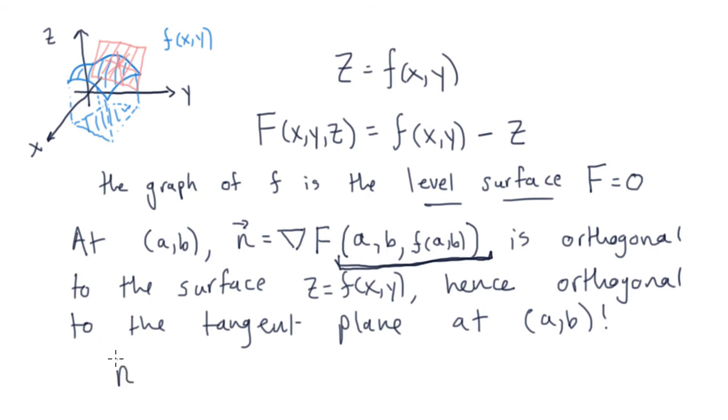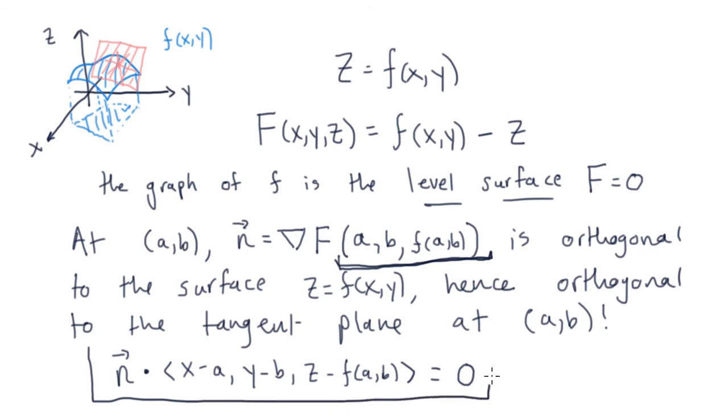I take my vector n and take the dot product with (x minus a, y minus b, z minus f of (a, b)), and I set that equal to 0. This is my equation of the plane tangent to my surface, the graph of my function, at this point (a, b).